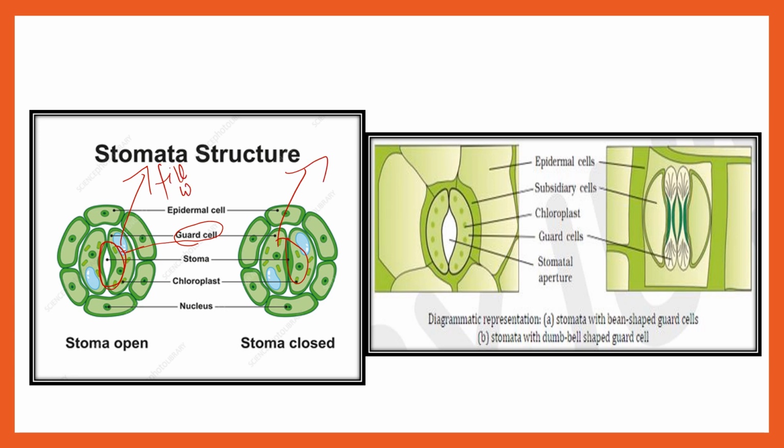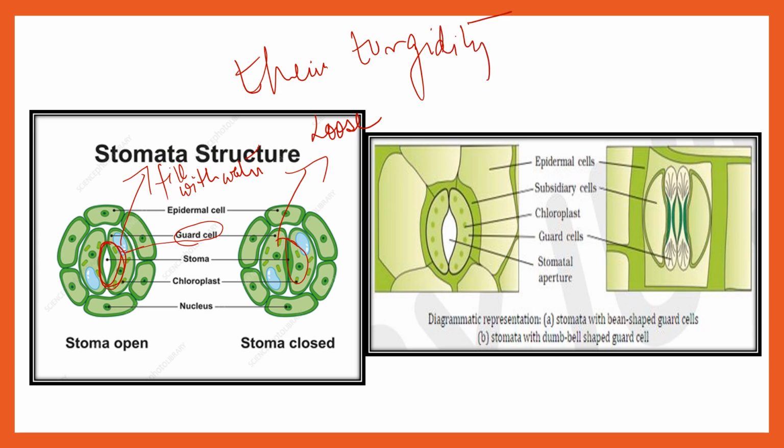So when filled with water, what will happen? The stomatal cells will be open. But when they lose their turgidity, what will happen? They will become closed. Okay, so they are closed now.